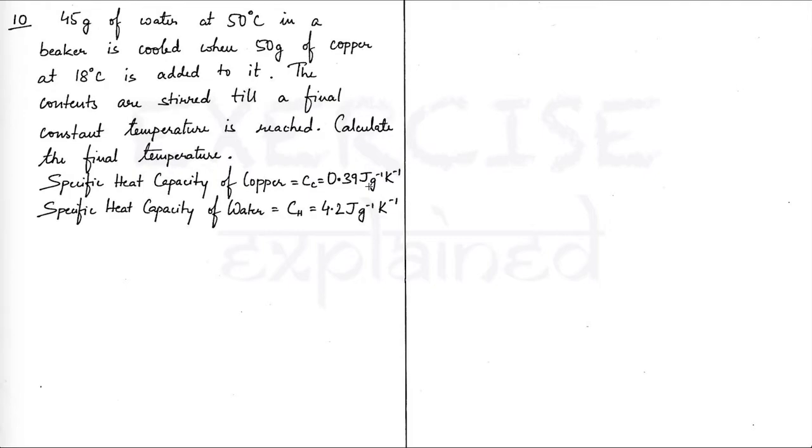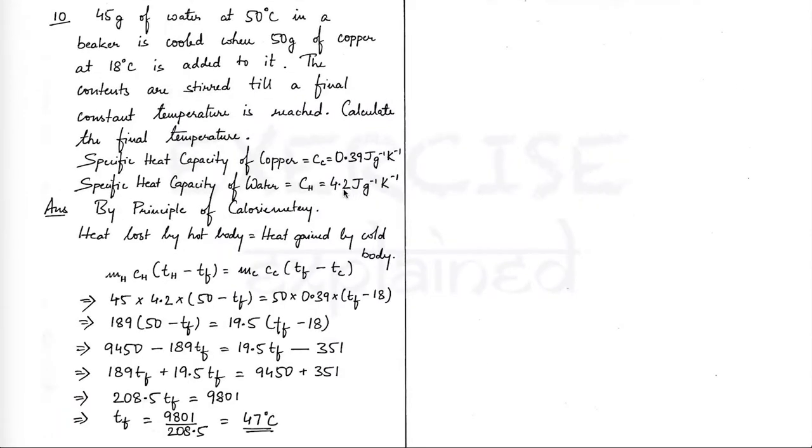So you need not convert anything. So we directly write by principle of calorimetry, heat lost by the hot body is equal to heat gained by the cold body. Now delta T for hot body, as we discussed in the previous question, is temperature of hot body minus final temperature, and delta T for the cold body becomes final temperature minus temperature of the cold body.